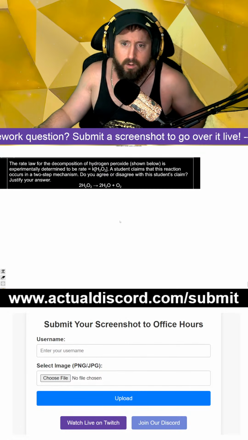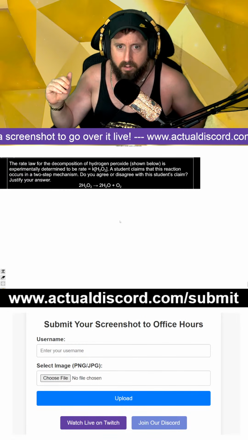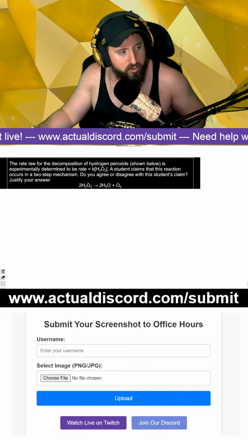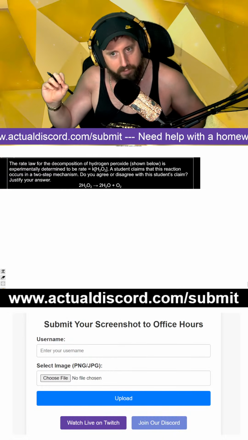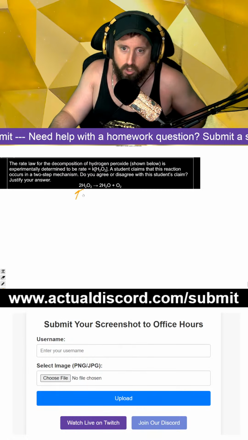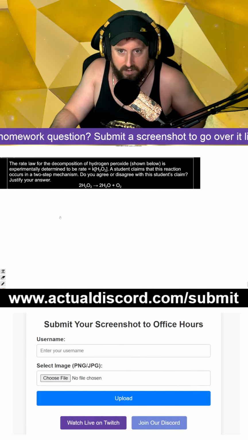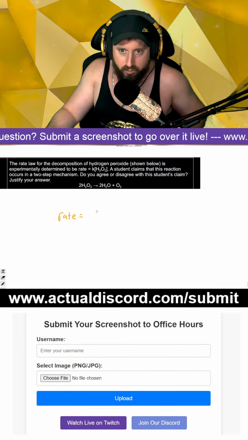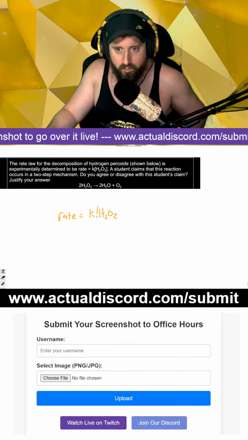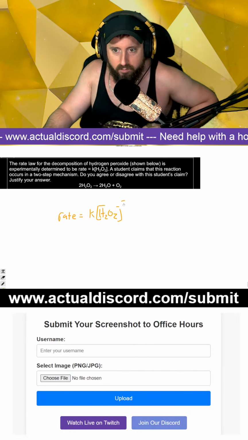Okay. So when you want to look at the mechanism, you have to look at the stoichiometry, the coefficients you have on things. This, in regards to the concentration of H2O2, should be second order, right? You should get that the rate is equal to K times H2O2 squared, right?